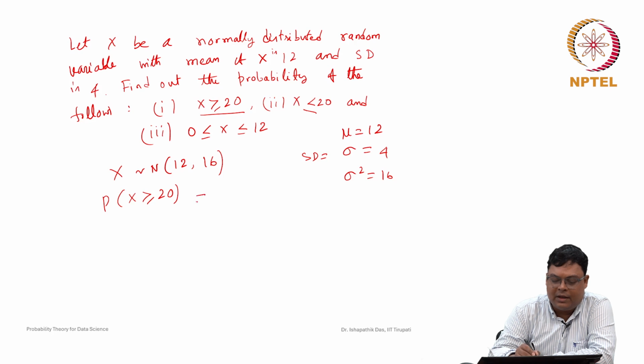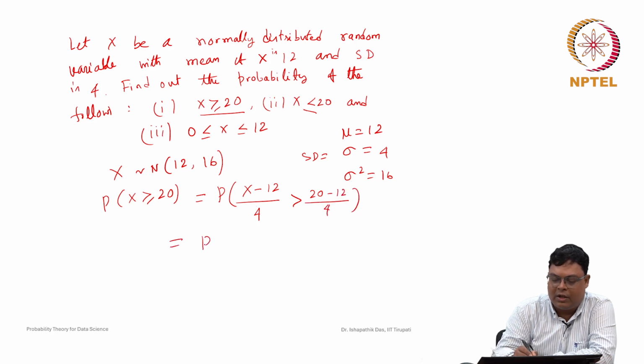Now, x greater than or equal to 20. What we will do is subtract the mean mu, which is 12, and divide by the standard deviation sigma, which is 4. This inequality stays the same if we do the same thing on the right hand side also: 20 minus 12 by 4.